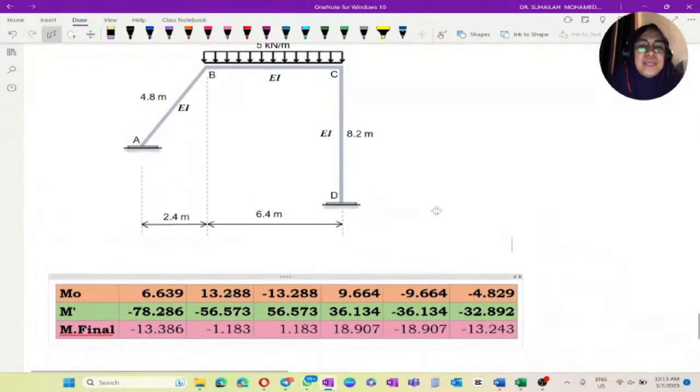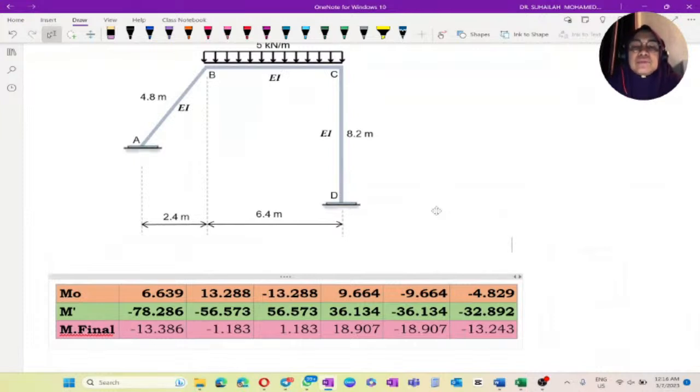For AB it is negative 13.386. For BA it is negative 1.183. For BC it is positive 1.183. CB is positive 18.907. CD is negative 18.907. And DC is negative 13.243. So how do we draw the bending moment diagram using these end moment values?